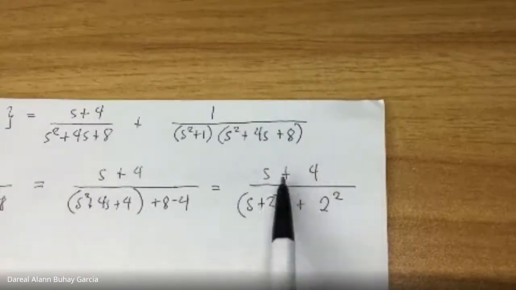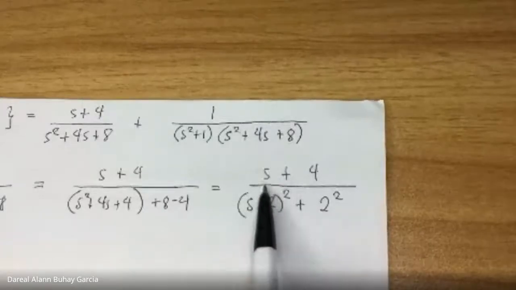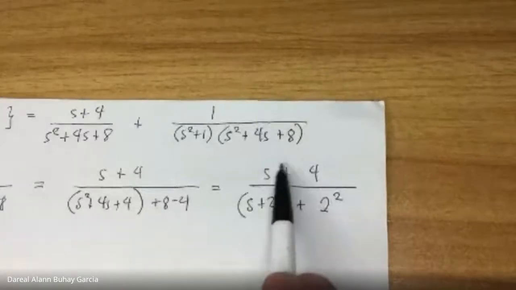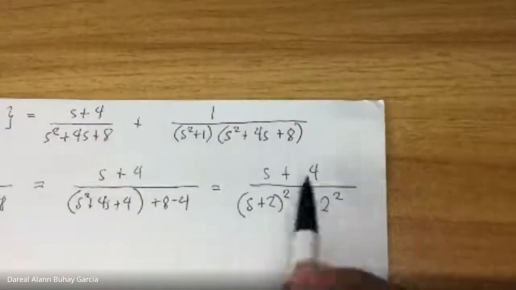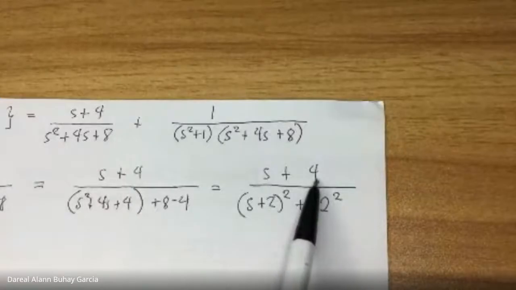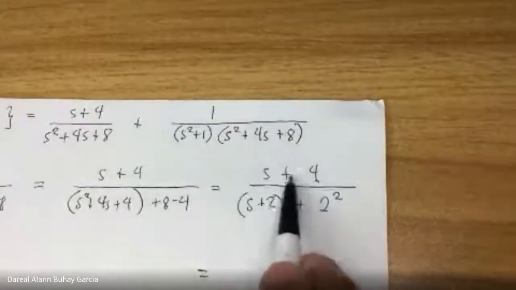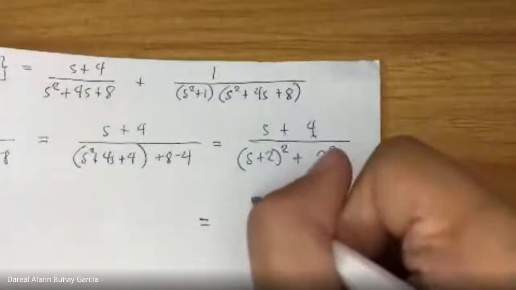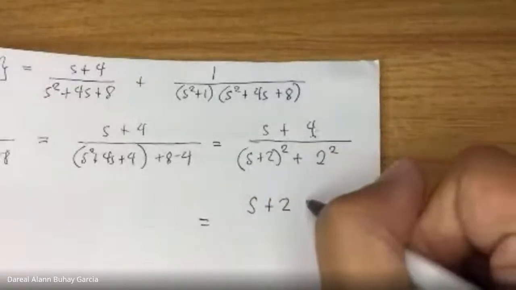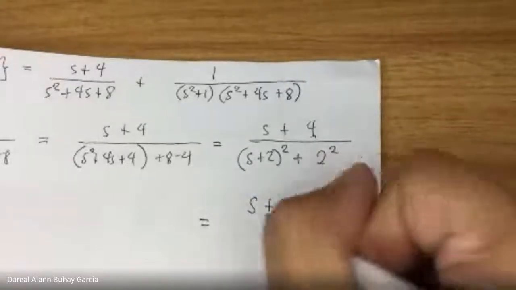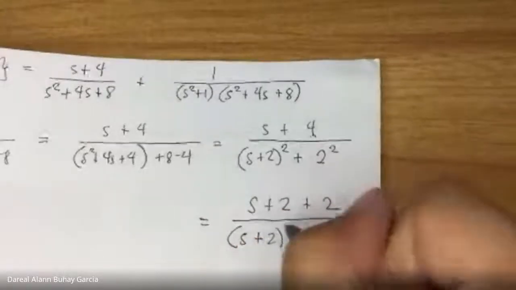So the numerator should also have an s plus 2 term. It is easy to convert: s plus 4 in the numerator is s plus 2 plus 2. The denominator stays as is.